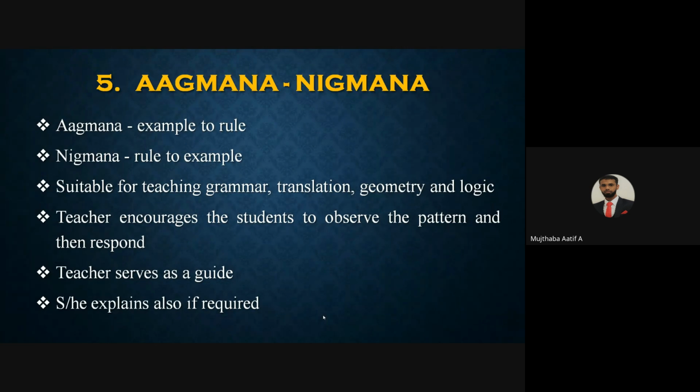In English it is known as inductive and deductive. Agmana is inductive, and Nigmana is deductive. Their approaches are different. For example, all of you have been told in lower classes that there is a rule of geometry that the sum of all the angles of a triangle is 180 degrees.